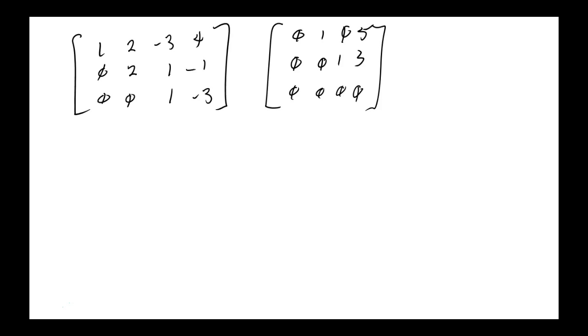The matrix in B is not in row echelon form because the row of zeros does not occur at the bottom, and E is not in row echelon form because the first non-zero entry in row 2 is not a 1. So we've done that. All right.